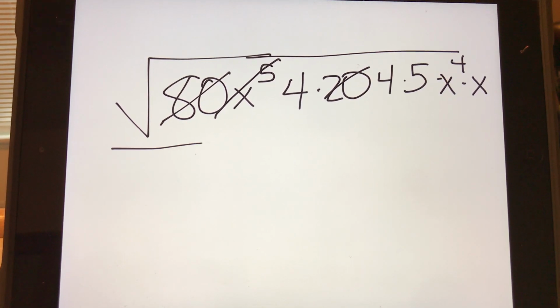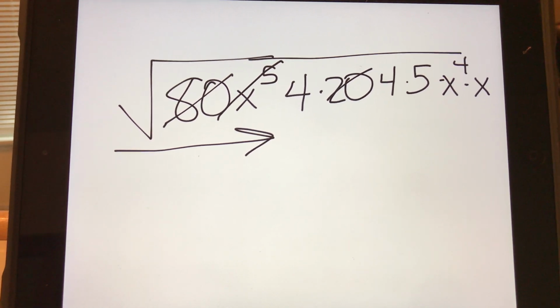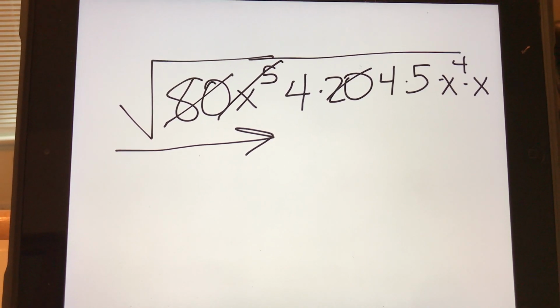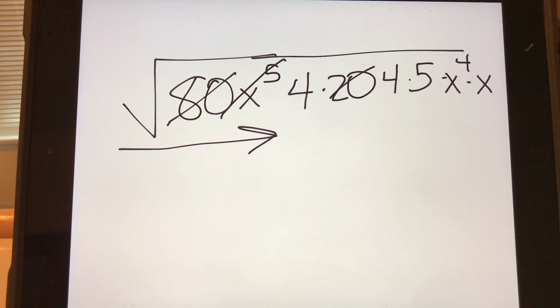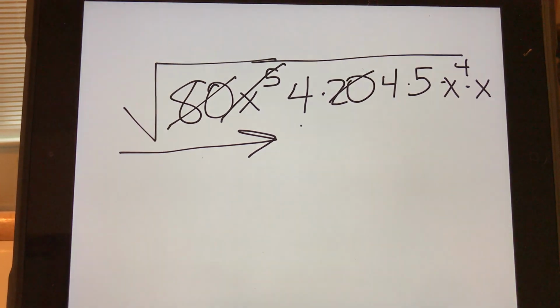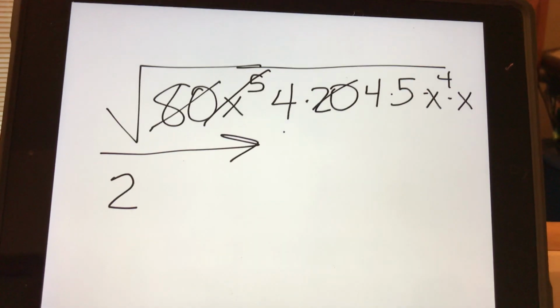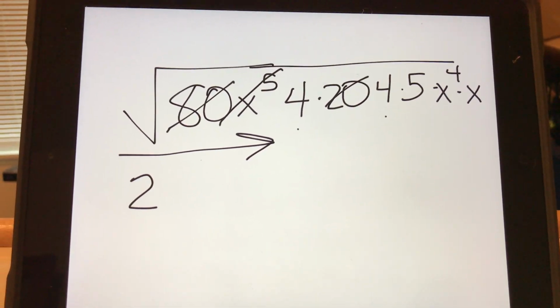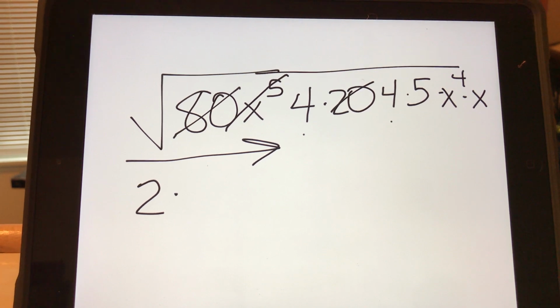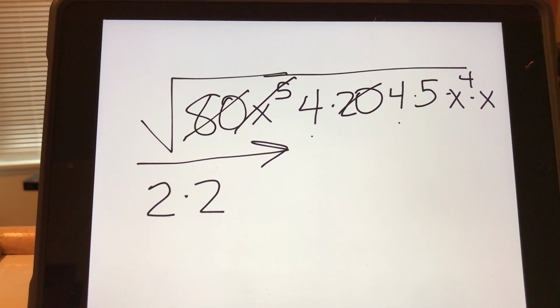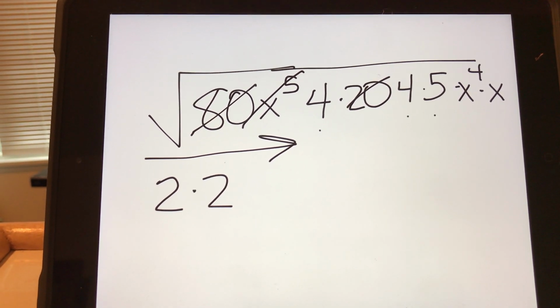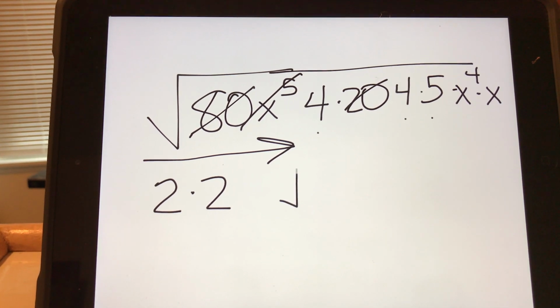Now I'm going to go from left to right, and I'm going to simplify what I can. I'm going to execute the square root on whatever I can. So the square root of 4 is 2, so that comes out as a 2. Square root of this 4 is a 2, so that's times 2 here. This 5 right here is going to stay in the radical.